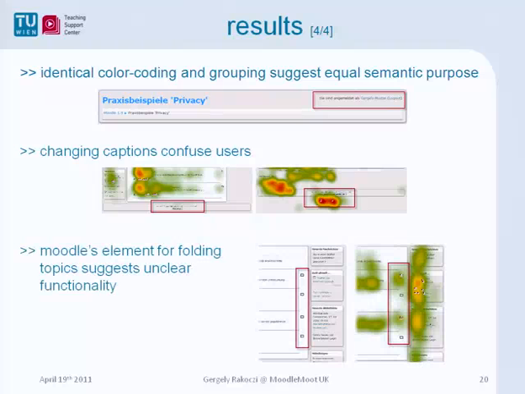This is really interesting in Moodle 9.4. You had these boxes to fold the topics, but students in general thought, okay, this is something to tick because I've read this element, now I click on it and it's done. But it's not this way. And the funny thing is then this topic is folded and all the others disappear, causing lots of fixations afterwards on how to restore or get back to the previous view.